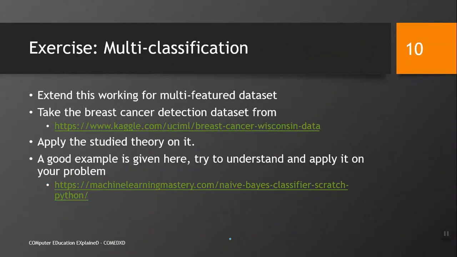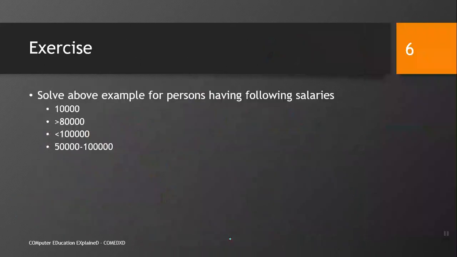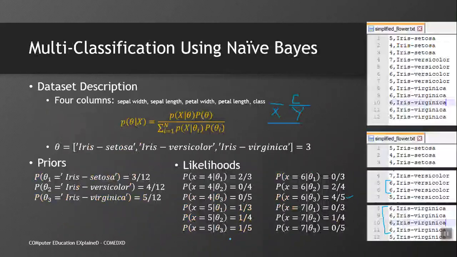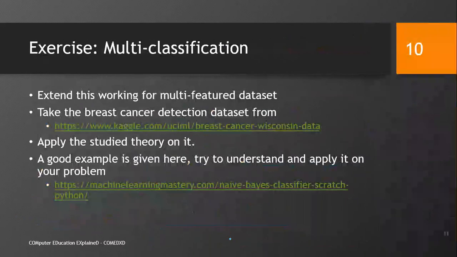Exercises. You are required to extend this working to a multi-feature data set. Previously, we worked with a one-feature data set when we were doing the binary classification. So, you are required to extend this to a multi-feature data set, and take a breast cancer detection data set from this link, and apply the studied theory on it.